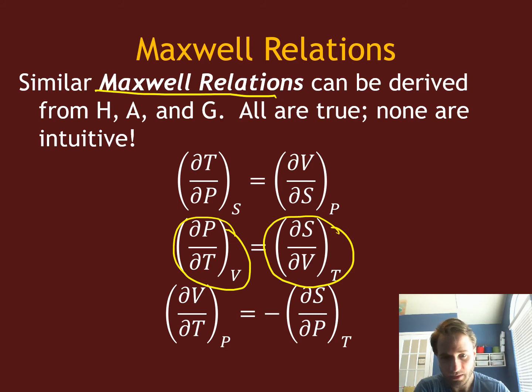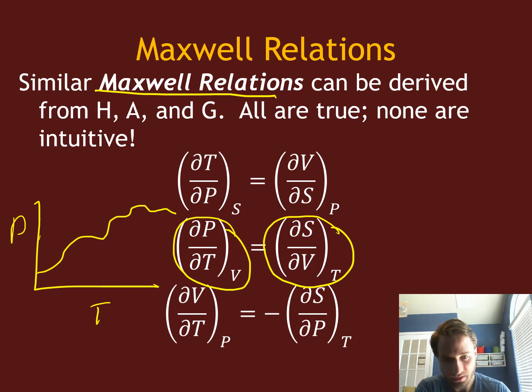Essentially, that's saying that under constant volume conditions, if I take a plot of pressure versus temperature, the slope at all these different temperatures is going to be related with the slope of a plot of S versus V, assuming constant temperature, right?